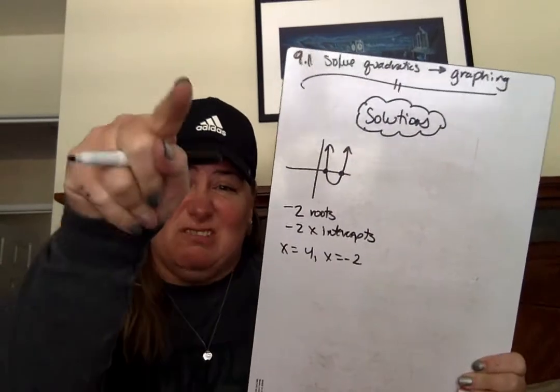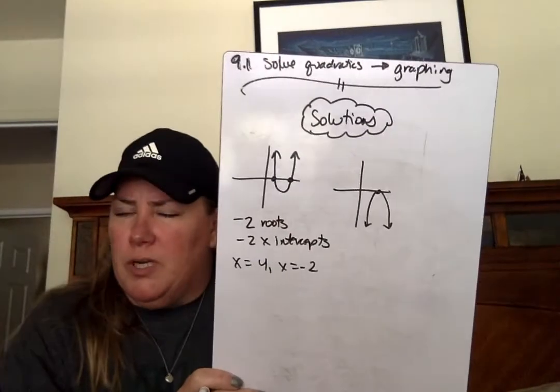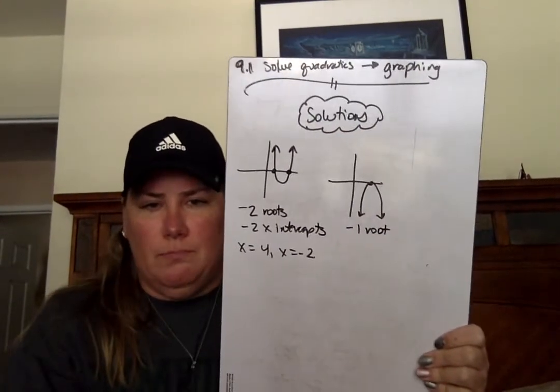And now we're going to do touch. It would be negative on this one. So this one, there's 1 root. There's 1 x-intercept. Okay, I'm just going to use root.